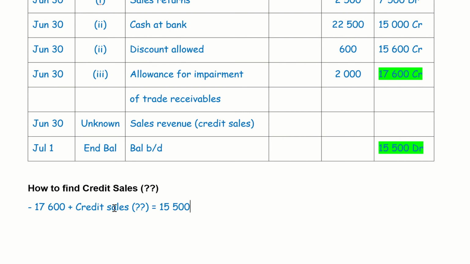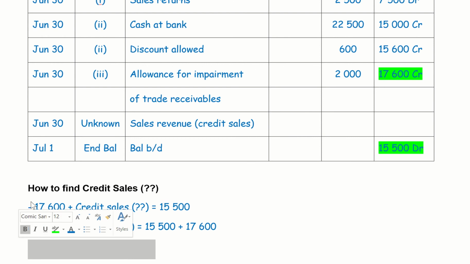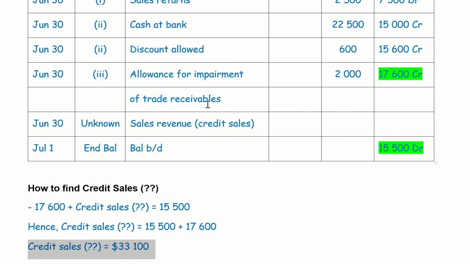We need to work out what the credit sales value is now. I just need to bring the 17,600 over to the other side. 15,500 plus 17,600, and I can find out that my credit sales is $33,100.